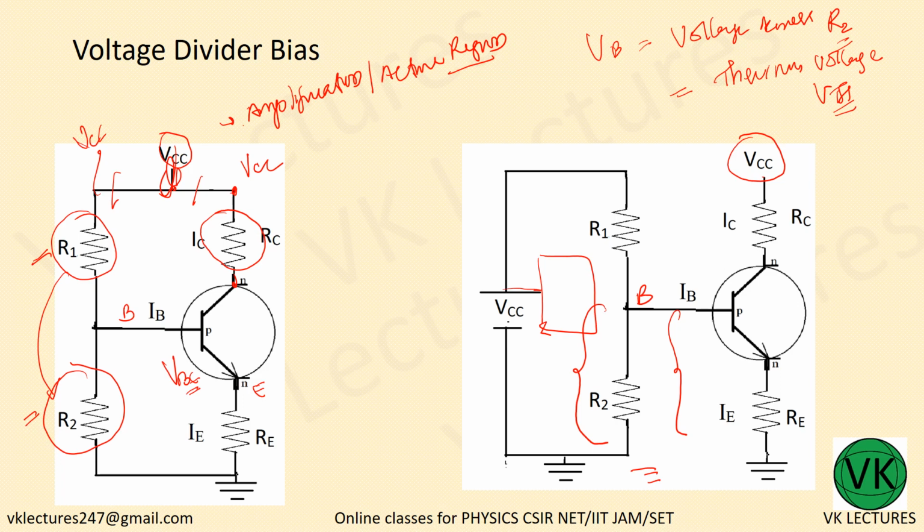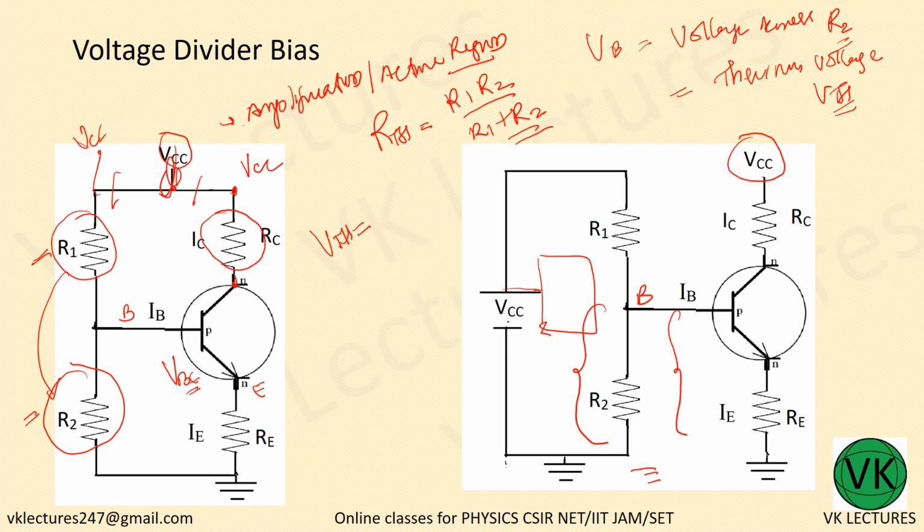Now what is Thevenin's equivalent resistance? RTH. RTH is nothing but R1 R2 divided by R1 plus R2. Thevenin's equivalent resistance is R1 R2 divided by R1 plus R2. Now what is VTH?